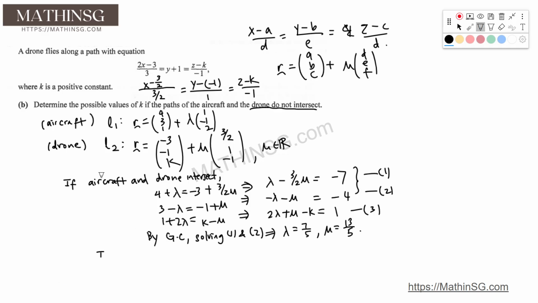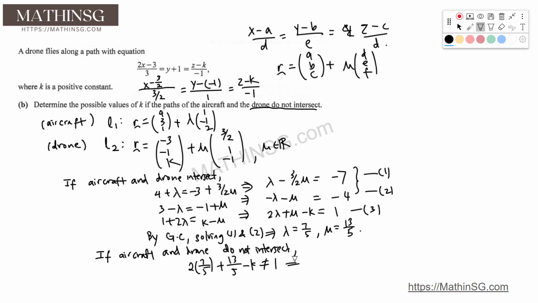If the aircraft and the drone intersect, then k would be the solution when lambda equals 7/5 and mu equals 13/5. But we are told that they do not intersect. If the aircraft and drone do not intersect, then I know that 2(7/5) plus 13/5 minus k is not equal to 1.